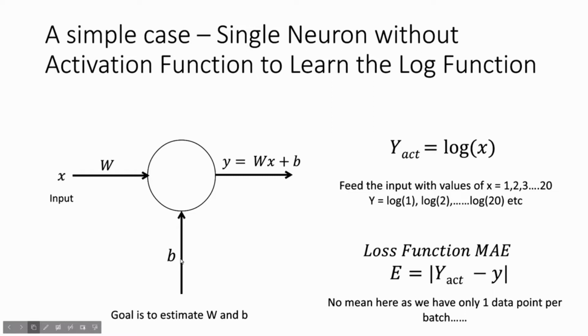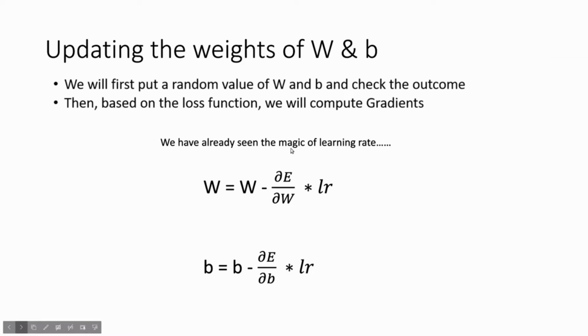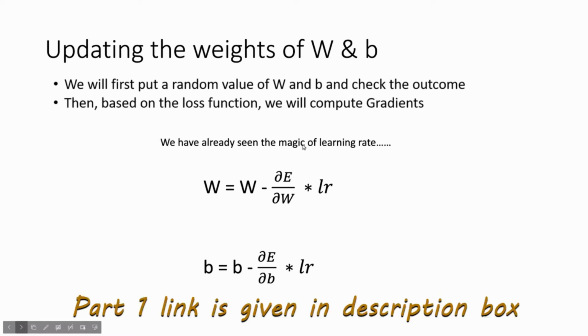Usually in practical implementations batches of the input are fed because the data is huge, but right now we'll just feed a single value. If you have not seen the earlier video, I would highly recommend you check that out, because there we have seen how introducing the learning rate helped the solution converge to a proper value.